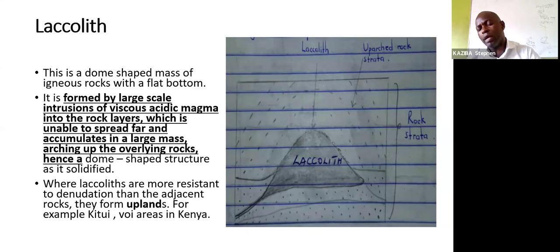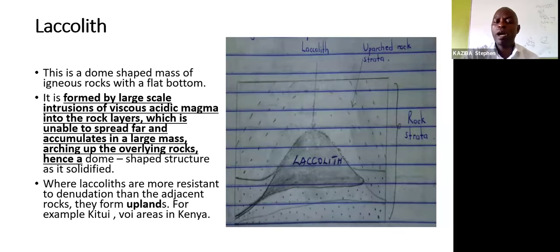Then when it comes and piles, the overlying layers arch upwards and form that shape. So it is formed by large-scale intrusion of viscous acidic magma into local layers, which is unable to spread for a long distance and accumulates in large mass, arching up the overlying rocks.